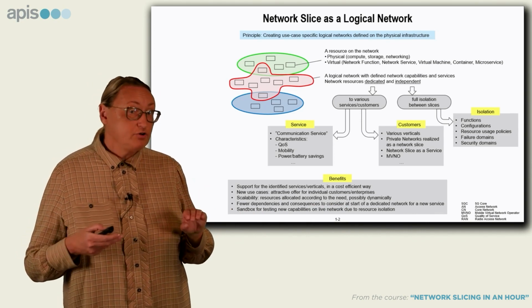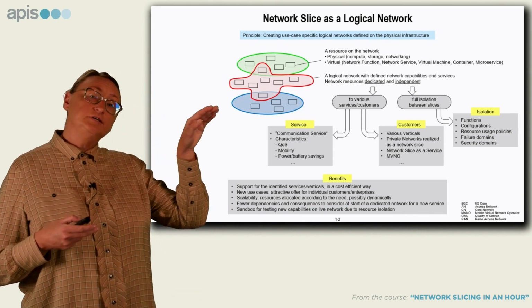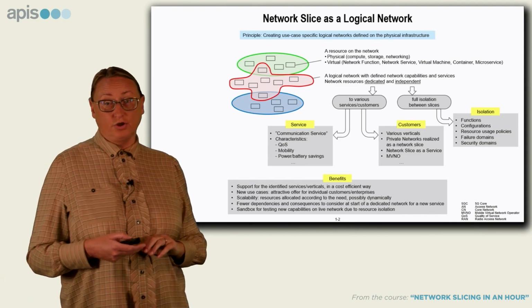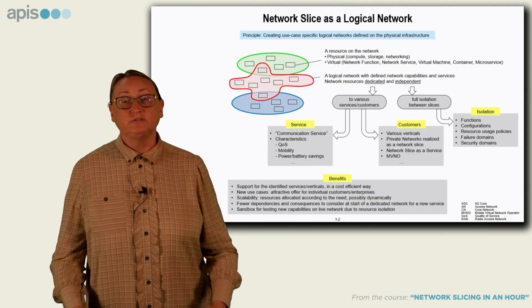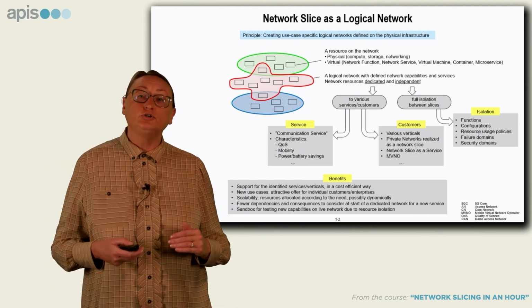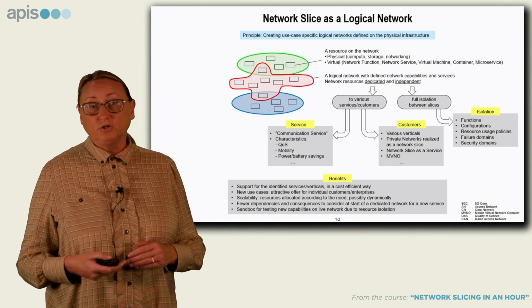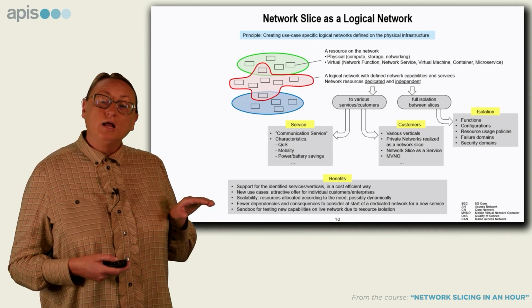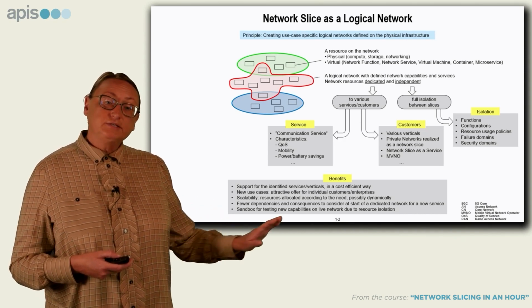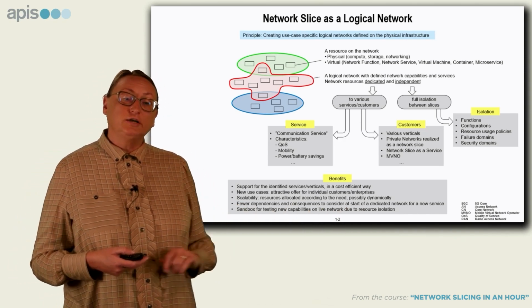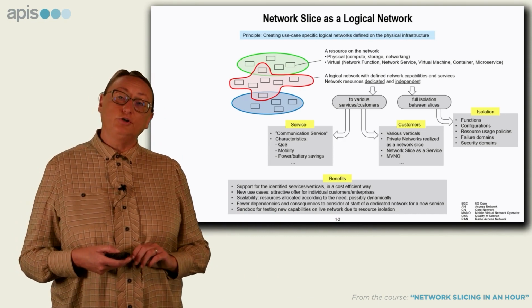Where does this come from? Well, from the fact that the logical networks that I'm talking about here are using this underlying enabler of virtualization. So this is actually a benefit that comes together with the technology that we are using. Fewer dependencies and consequences to consider at start of a dedicated network for a new service.